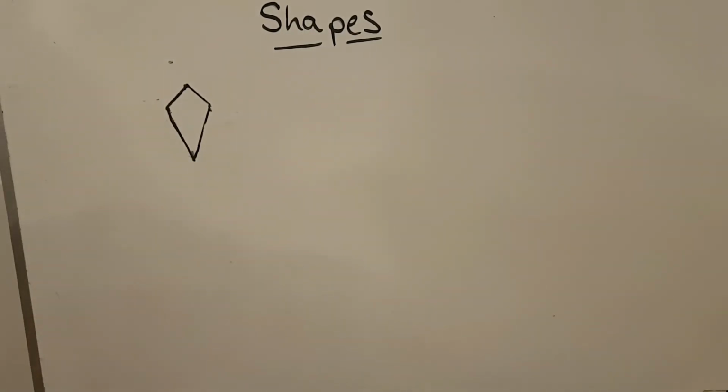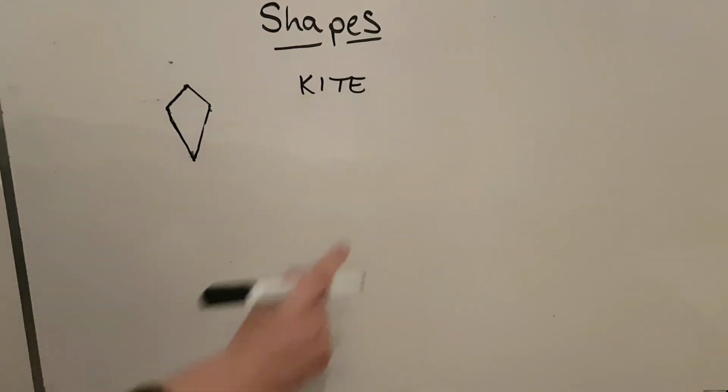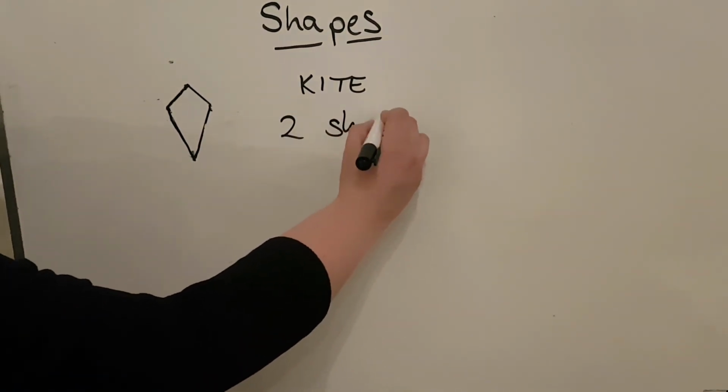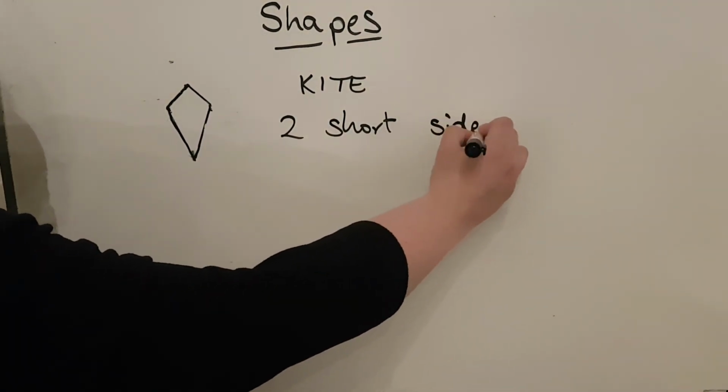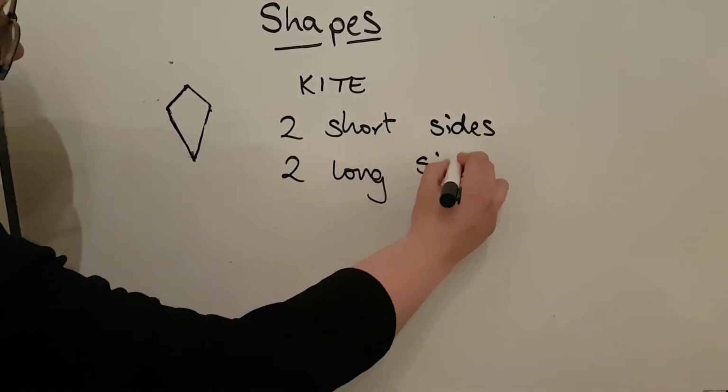Our last four-sided shape, this one that I've drawn, is a kite. And it has got some of the similar properties to other shapes. We have got two short sides and two long sides. So again, it's a four-sided shape.